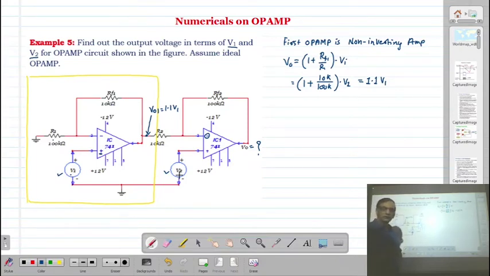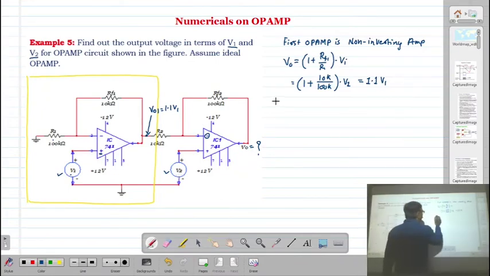In the superposition principle, if two sources are there, you consider one source connected to ground and calculate the output voltage for the other source. Then you do the same for the second source, and the summation of both voltages will give you the output voltage.